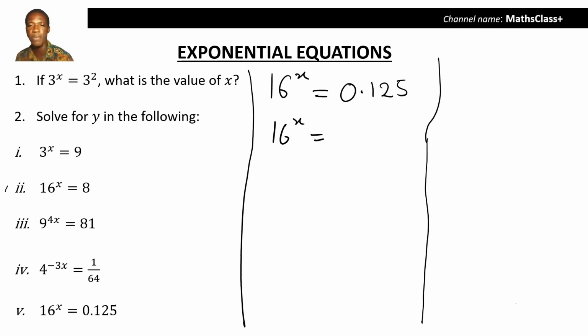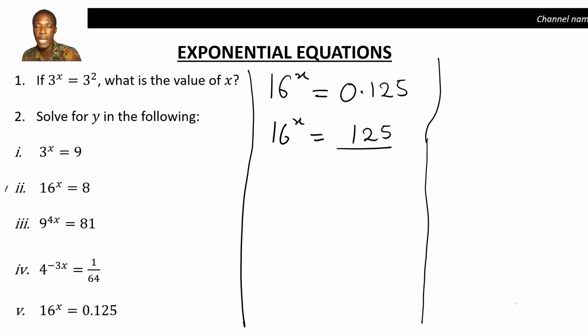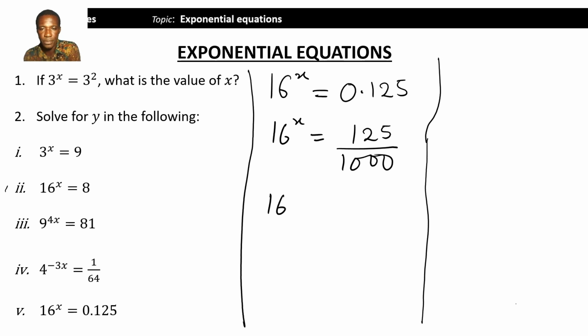If you are to write it in fraction form, you are going to write 125 divided by 1000, right? Good. So let's try to use 25 to do cancellation. Okay, so when we do the cancellation, if you take your time, you are going to get 1 over 8.